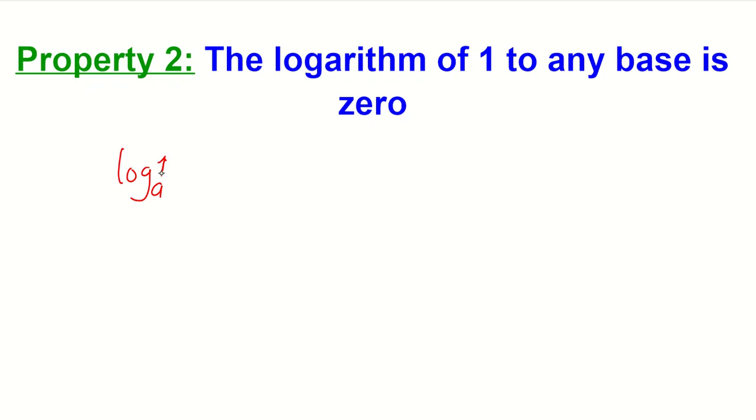Once we have the argument to be 1 and it's to any base, then we are going to get 0. So if you have logarithm of 1 to the base 2, then definitely we are going to get 0. Provided the argument is 1 and it has any base, we are going to get 0. If you have logarithm of 1 to the base 10, then definitely we are going to get 0. So that is property 2.